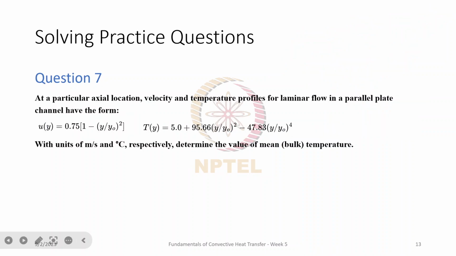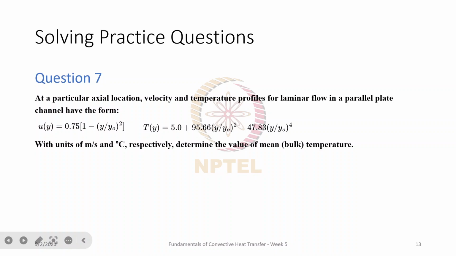Now we have question number 7 of today's session, which is asking us that at a particular axial location, the velocity and temperature profiles for laminar flow in a parallel plate channel have the form given here.